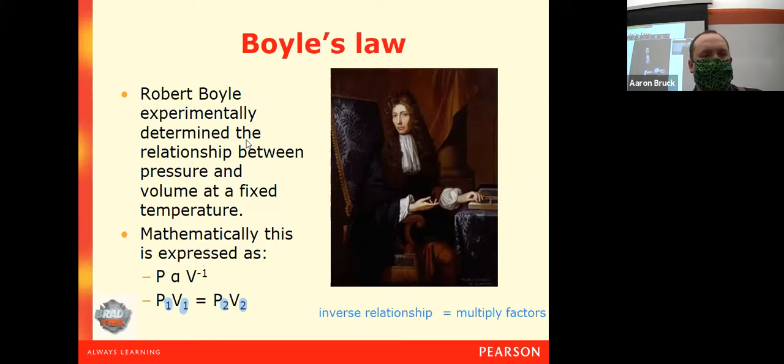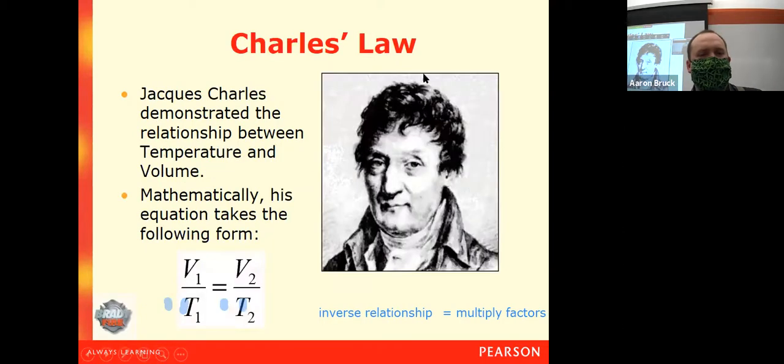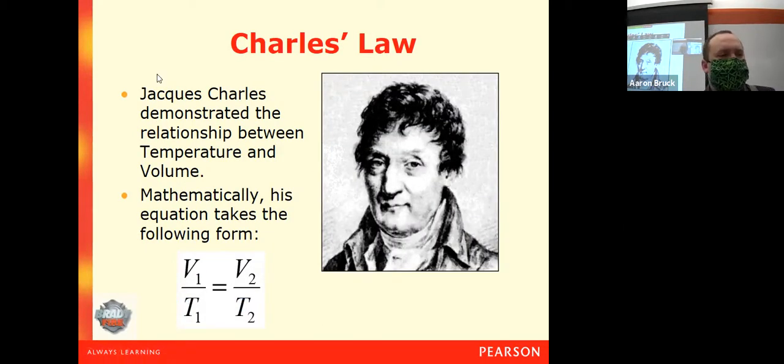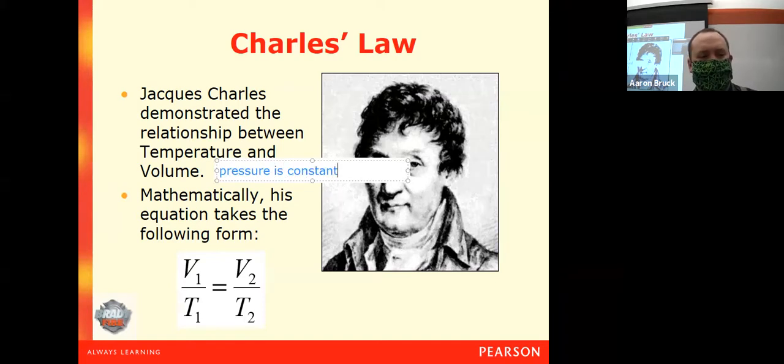Our second gas law is attributed to Jacques Charles, a French physicist, and his relationship regards temperature and volume. So things to know about this one: the pressure is constant in these situations.